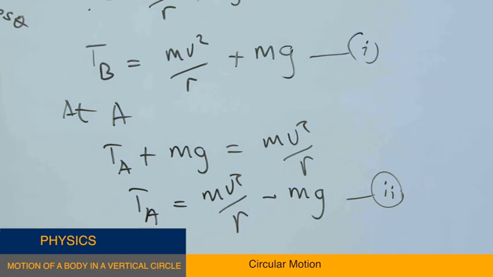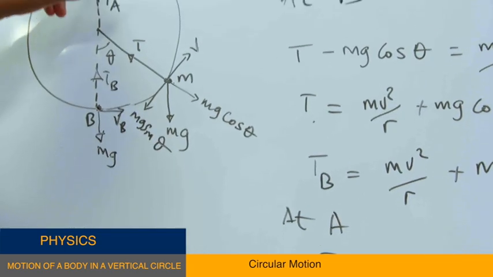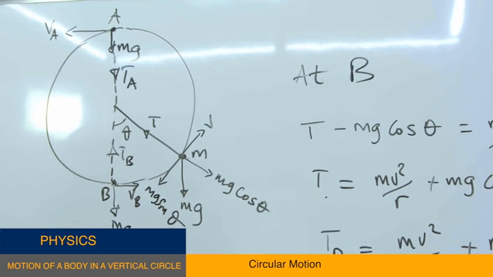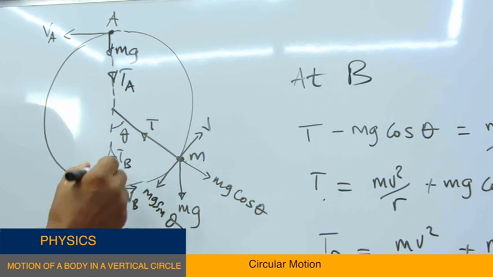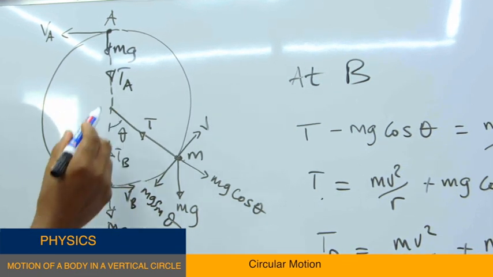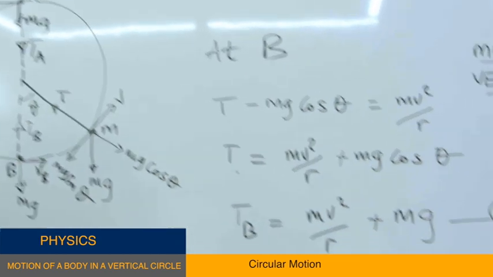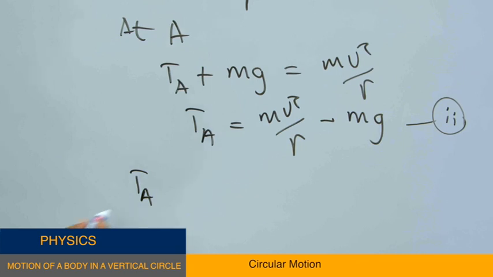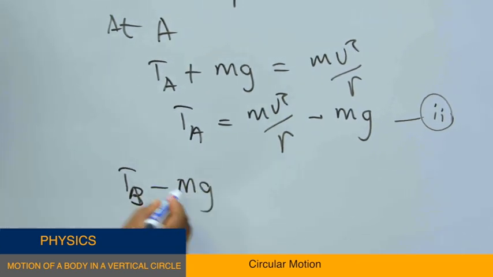We can as well look at the direction of the forces on the body whenever it is passing at point A and at point B. If we go back and look at point B, the mg is acting downward, the tension is acting upward, and the resultant will give us the difference, that is T at point B minus mg.